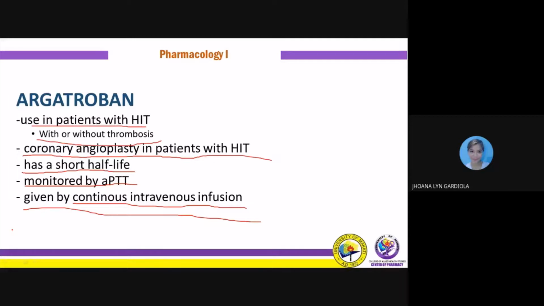Those adjustments are necessary in patients with hepatic impairment. So, kailangan nating i-adjust yung dose sa mga hepatic patients lang, but not in renal impairment. So, argatroban yung dose, i-adjust lang natin pag hepatic yung patient, but not in renal impairment.